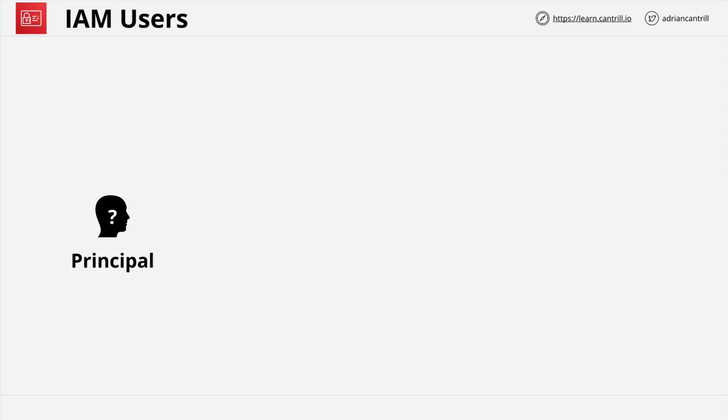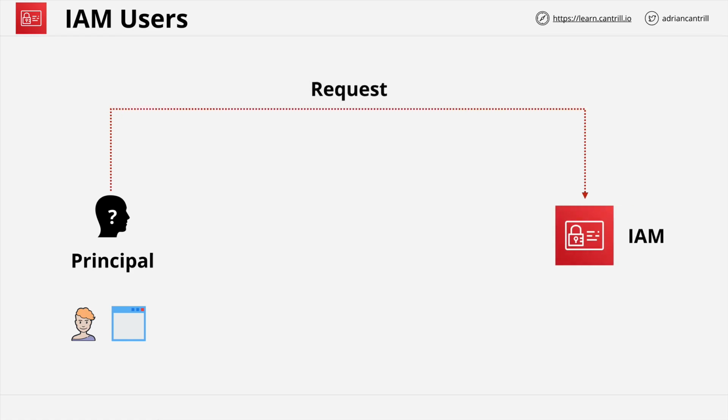A principal, which in this example is a person or an application, makes requests to IAM to interact with resources. Now, to be able to interact with resources, it needs to authenticate against an identity within IAM. An IAM user is an identity which can be used in this way, and authentication is this first step.